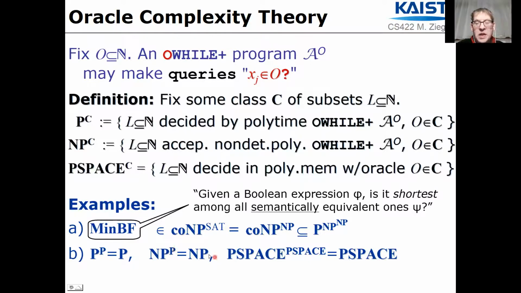Similarly for PSPACE, we can simulate any oracle query in this class using a separate polynomial amount of memory, and thus replacing the oracle query with a deterministic algorithm only increases the overall memory consumption, but remains within polynomial.